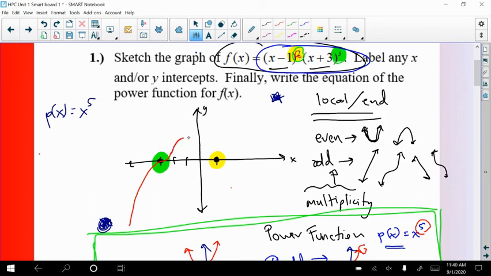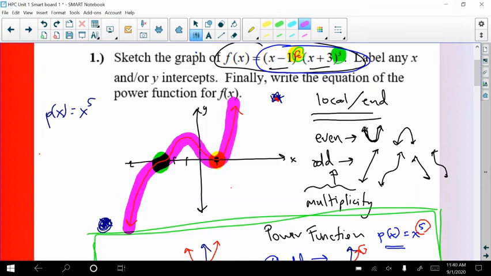So I know it's got to come in here and bounce there and go back up like that. And it's good that it's just a bounce, because I know my end behavior says I have to end up there. So the overall trend of this graph would be starting lower left, going through -3, doing some kind of curve, and up we go.